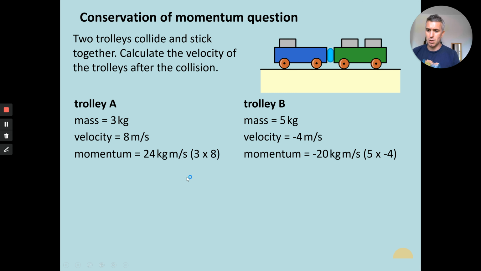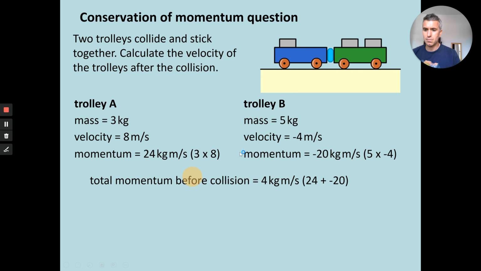Okay, so the total momentum before is the sum of the two. So it's just 4 kilogram meters per second, plus 4. So after the collision, they still have to have plus 4 kilogram meters per second of momentum. When they stick together, they're now heavier.